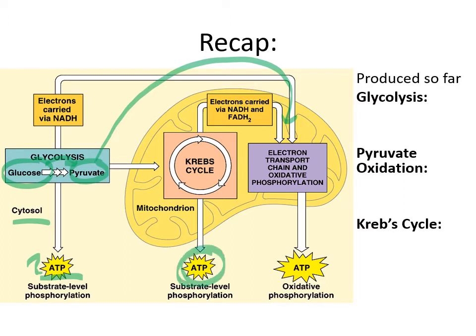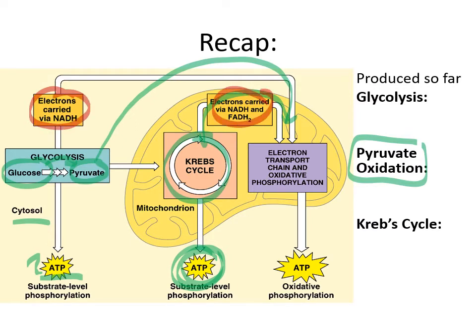So we can run it through, again, the pyruvate oxidation. We can run that through and get into our Krebs cycle, and we can produce some more ATP. What we have been talking about as well, though, is that we get these electron carriers generated during the glycolysis step, as well as pyruvate oxidation, as well as the Krebs cycle itself.